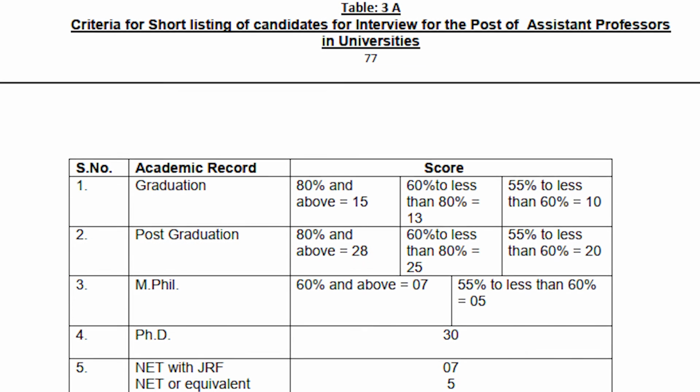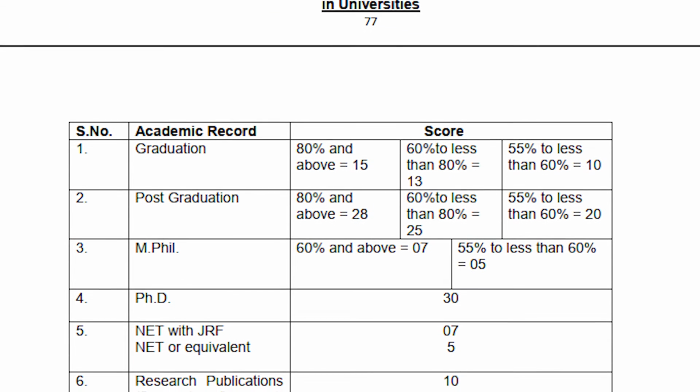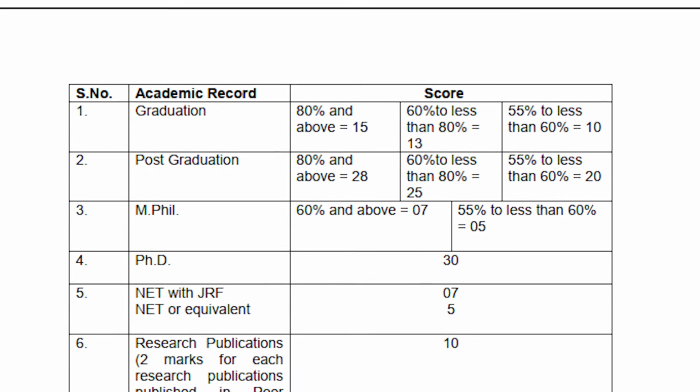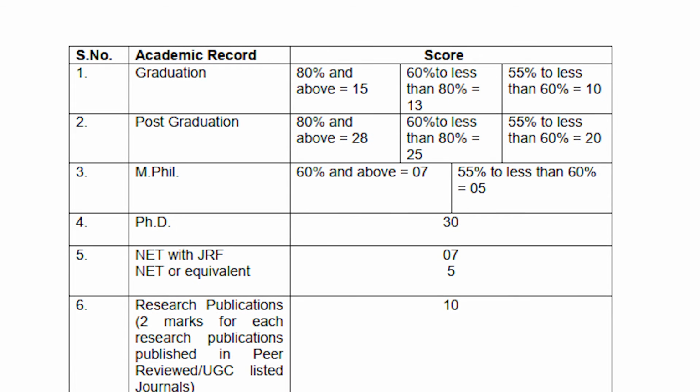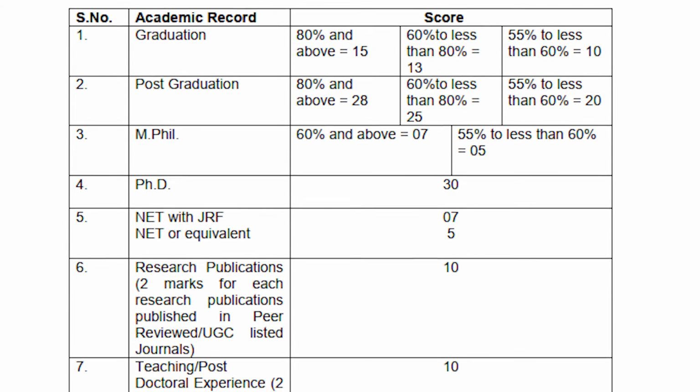Recruitment criteria for colleges and universities, the recruitment of assistant professor is slightly different. Let's see what is the recruitment criteria for assistant professors in universities. As you can see over here, from graduation, if you have 80% and above, your score would be 50. If you have 60% to less than 80%, it is 13.